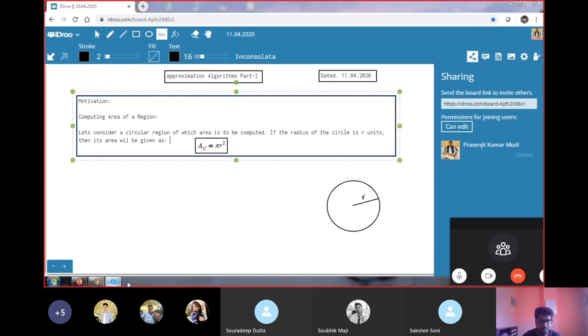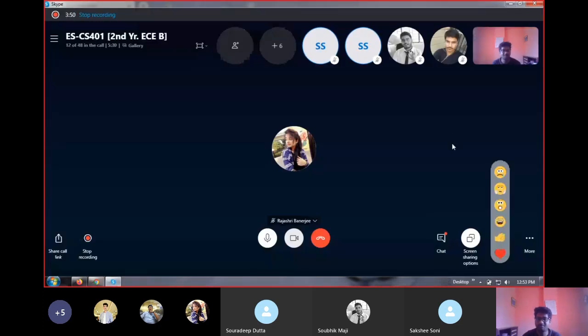So this we know. Now I just want to ask one question. The area of a circle is pi r square, that's fine. So you can compute the area only when the radius r is known.